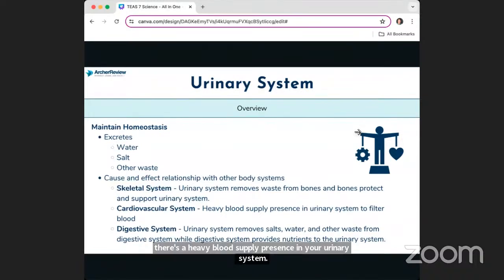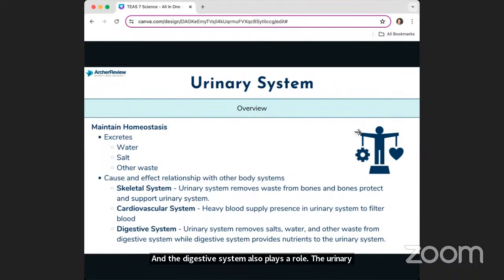And the digestive system also plays a role. The urinary system removes salts, water, and other waste from the digestive system, but your digestive system provides nutrients needed for cell respiration and energy that the urinary system functions off of.